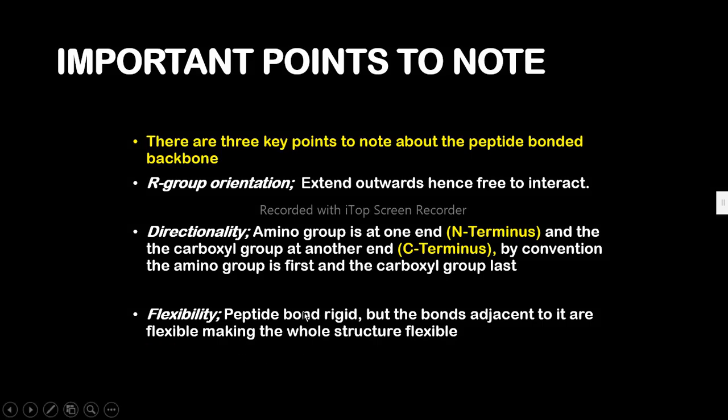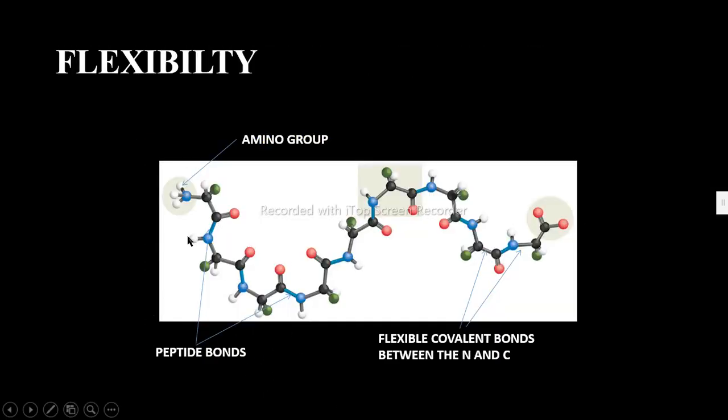So consider this polypeptide chain, for instance, where this is the amino group, this is the N terminus, and this is the carboxyl group, the C terminus. Where one C has lost its hydrogen and it has attached on the amino group this side.